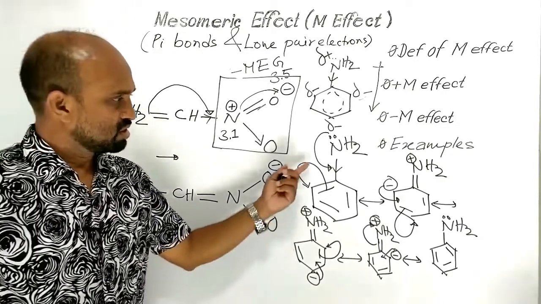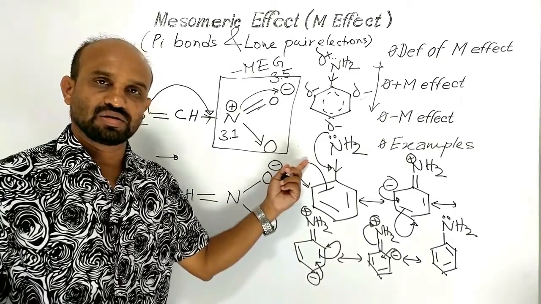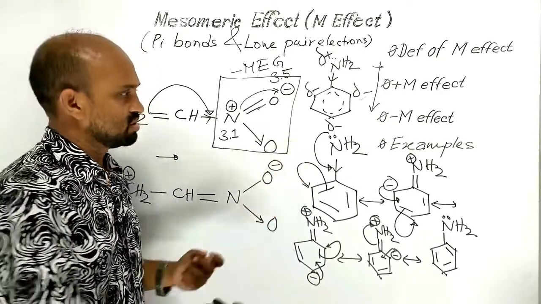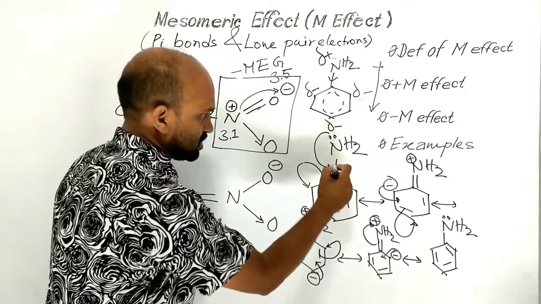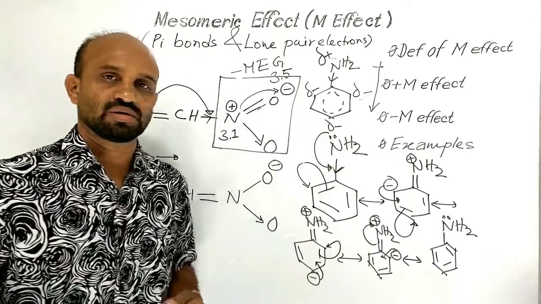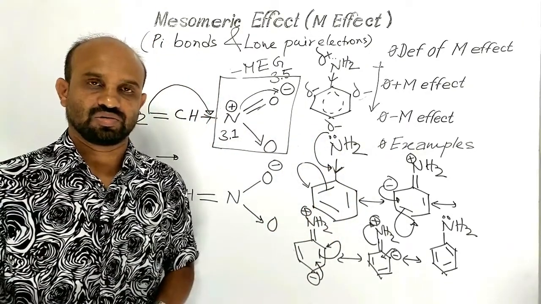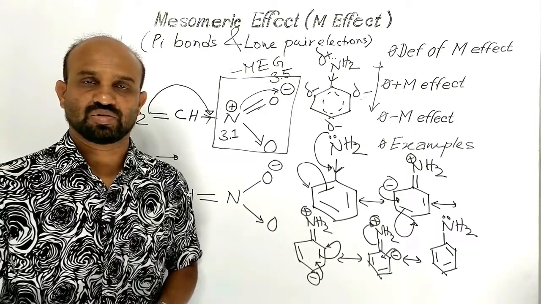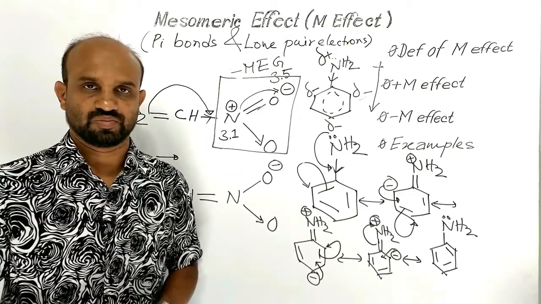And in aniline, aminobenzene, amino group is donating its electron, lone pair of electrons of nitrogen of amino group.